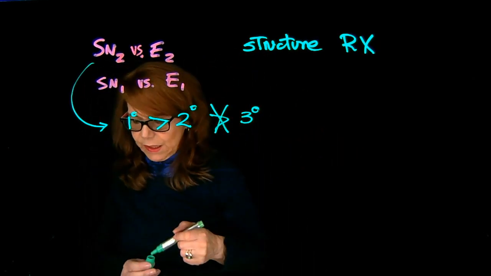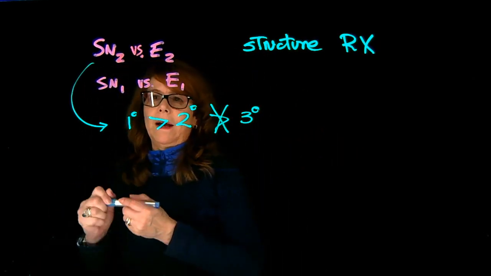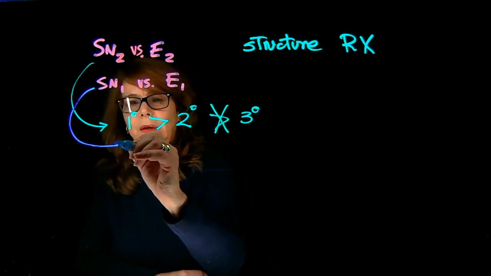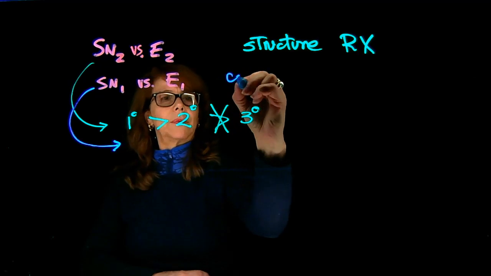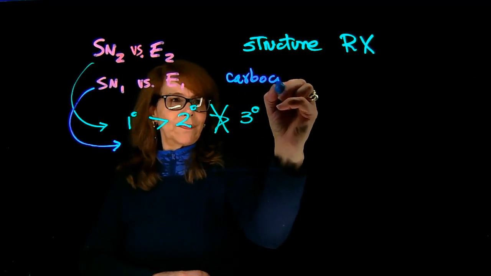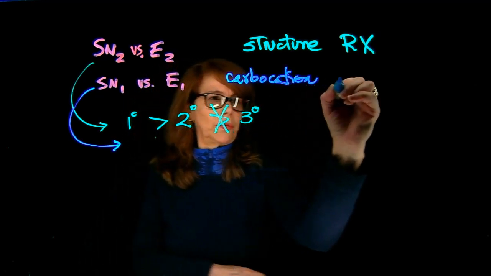Now, in the case of SN1 and E1, remember, they go through a carbocation intermediate.